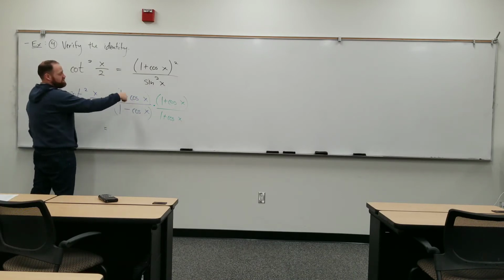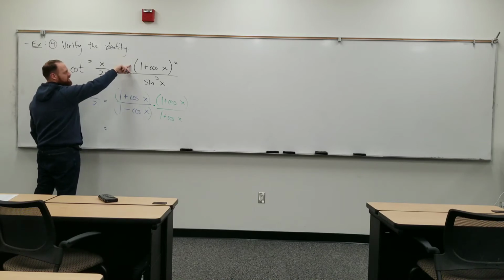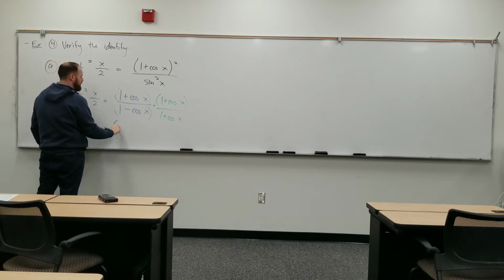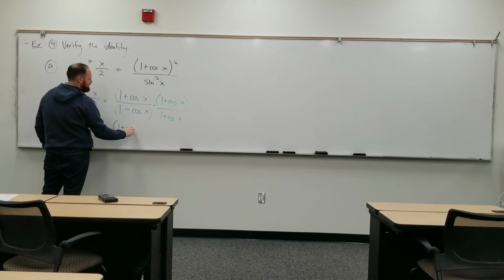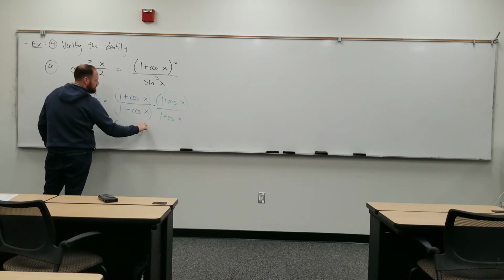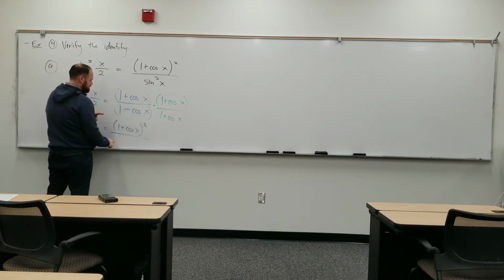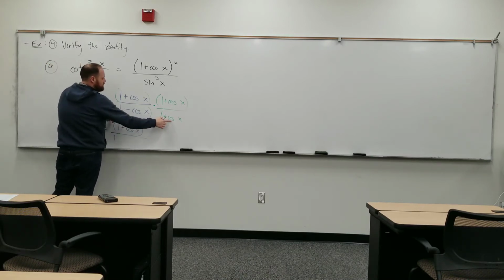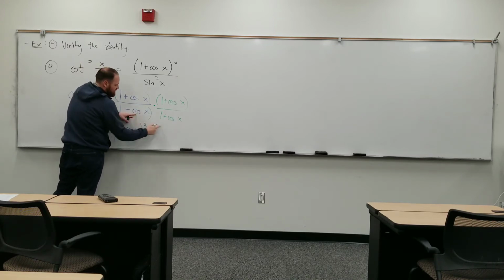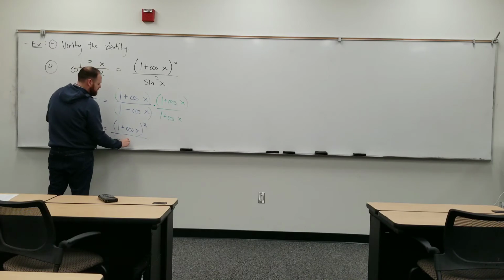I'm not even going to expand the numerator. I want it to look like this. So this is 1 plus cosine x, squared, over 1 plus cosine x minus cosine x, so those cancel, and then minus cosine squared.